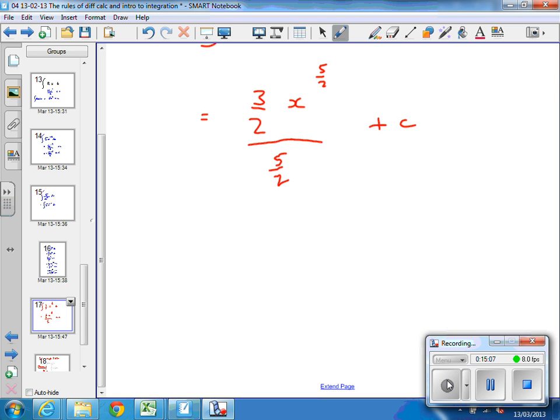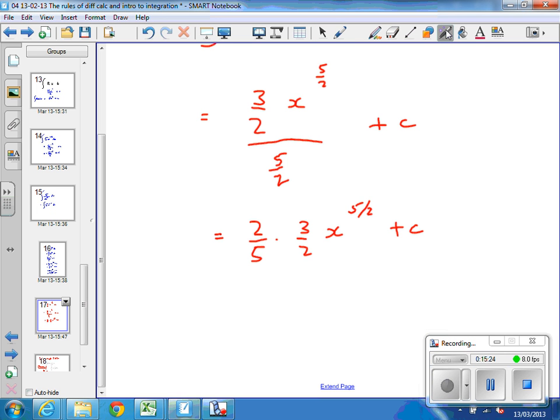So it becomes 2 over 5 times 3 over 2 x to the 5 over 2 plus c. And then I notice that the 2's cancel. So I'm left with 3/5 of x to the 5 over 2. So this equals 3 over 5 x to the 5 over 2 plus c.